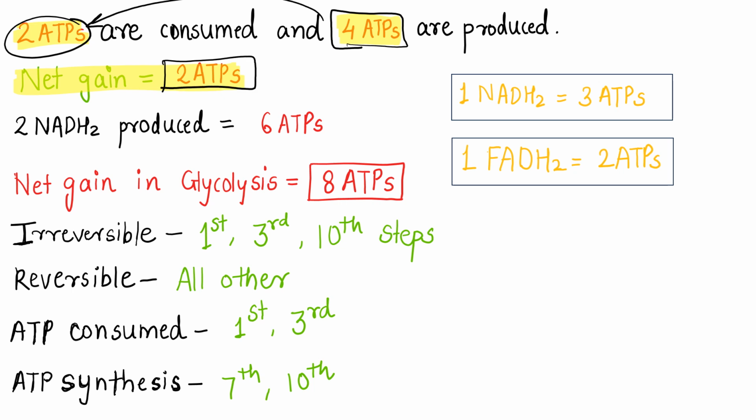So 2 ATPs is the net gain. The number of NADH2 produced are 2. And we know one NADH2 gives 3 ATPs. So total 6 ATPs from 2 NADH2s. So in the last, the total net gain in glycolysis is 8 ATPs.